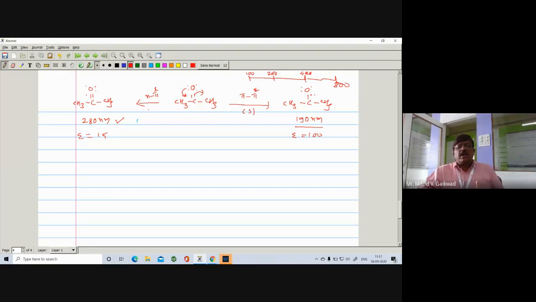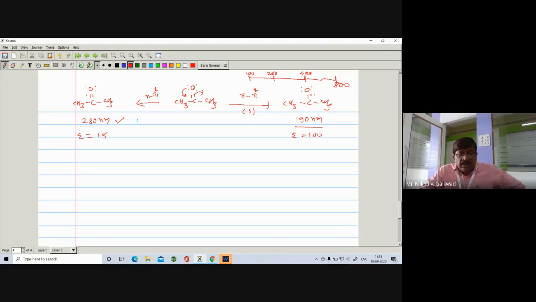Sometimes they may also ask why acetone gives a band at 280 in ultraviolet spectroscopy. Generally, if two pi bonds are in conjugation, or one pi bond and one CO group are in conjugation, then it is UV active, meaning you get the signal in the 200 to 400 nanometer range.